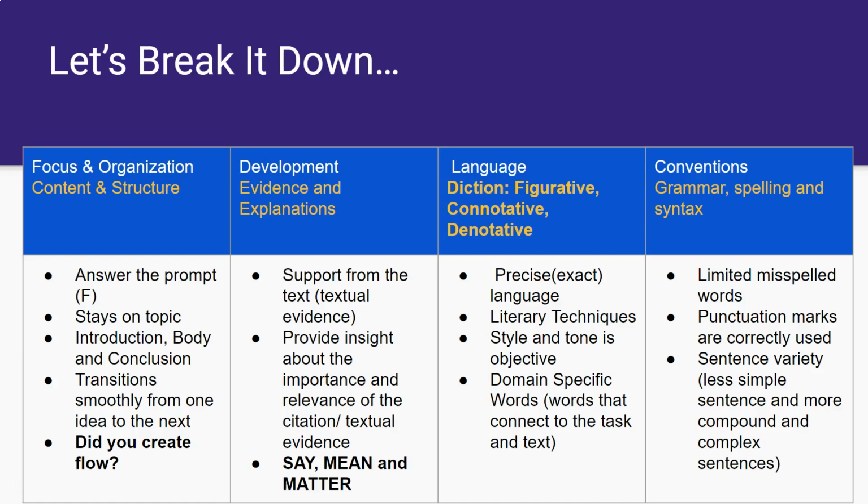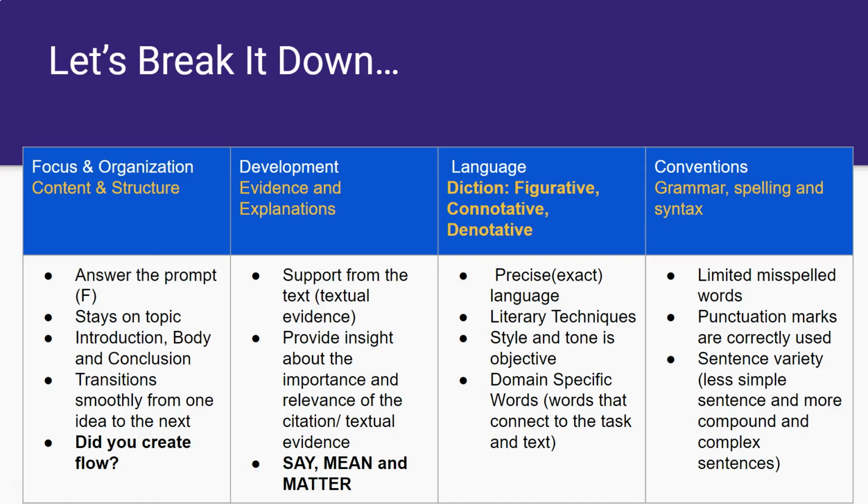That is your structure. You must have transitions from one paragraph to another paragraph, and these transitions must be smooth. It must be cohesive. And I like to say flow. We want your essays to flow, not feel forced. We want it to be smooth, okay?